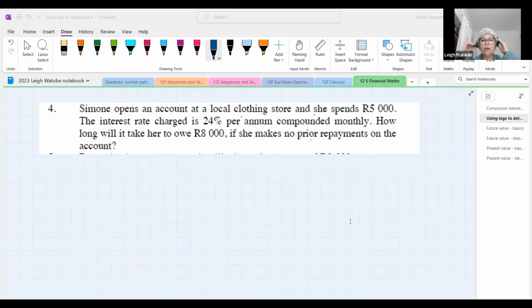Right, so again, when you read the question, the first thing you need to decide is what formula you're going to use. So what formula do you think we should use in this situation? Which formula, Matrix?